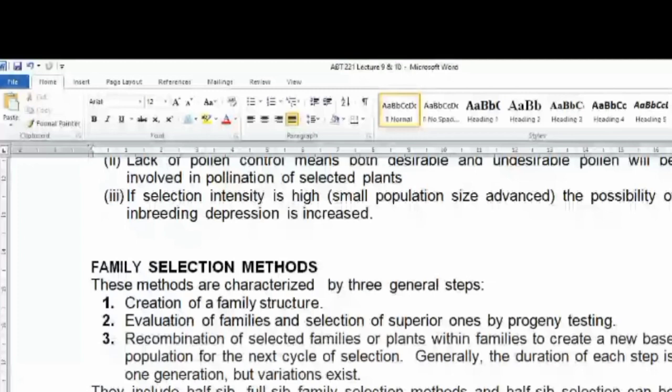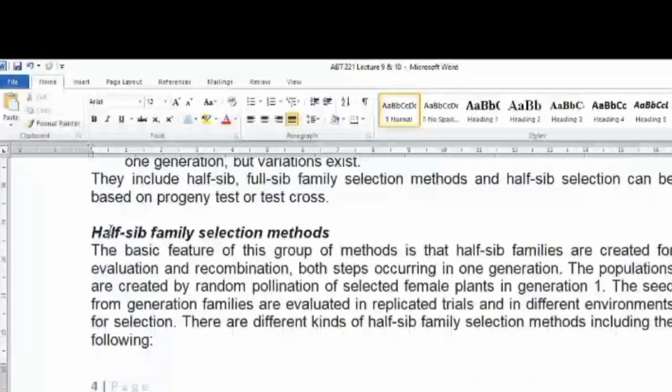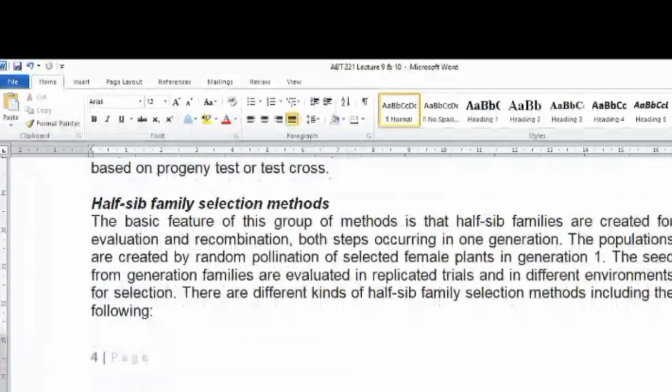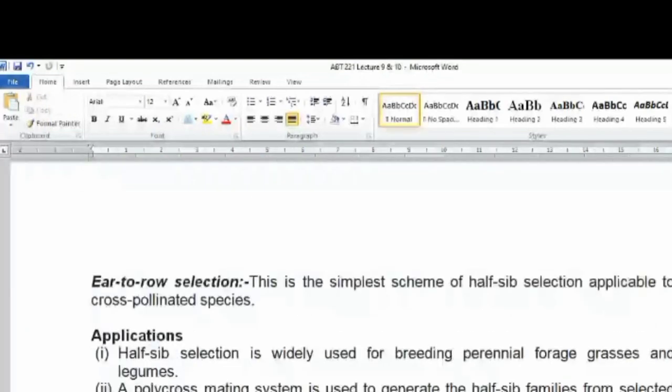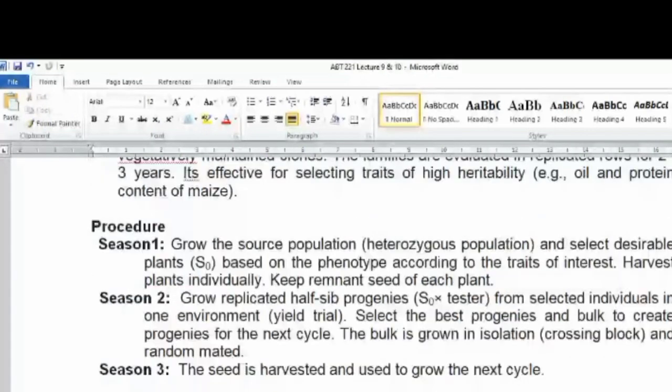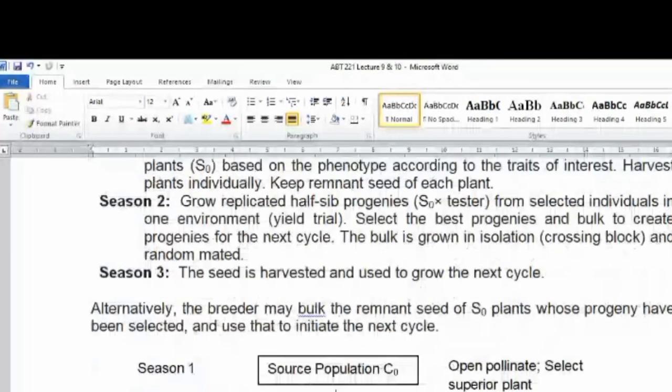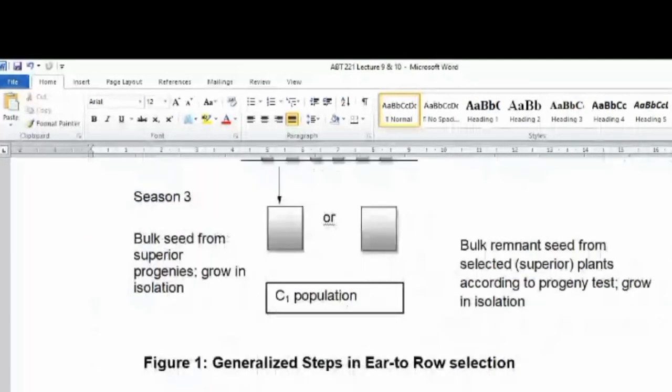So when we talk about family selection, we'll be talking about half-sib family selection methods, and also full-sib family selection methods. And you need to be very keen on this.